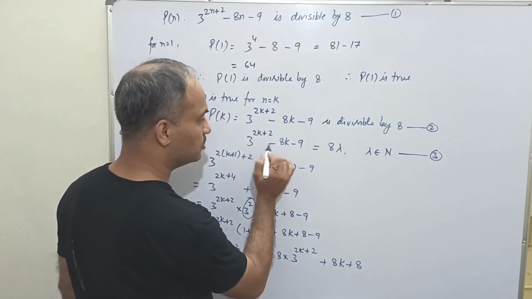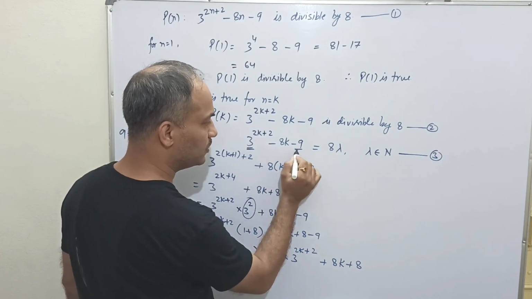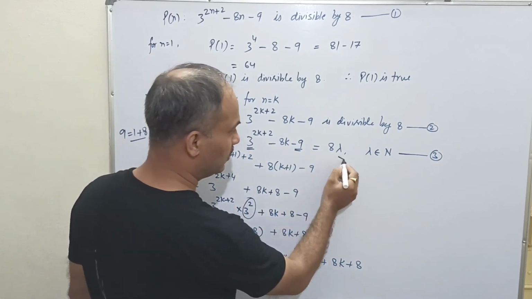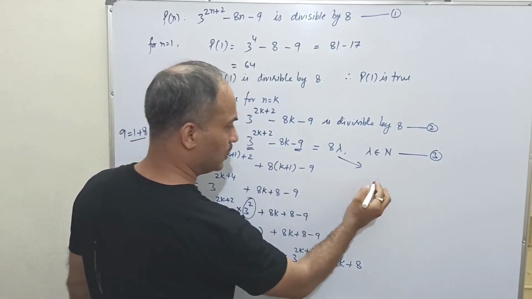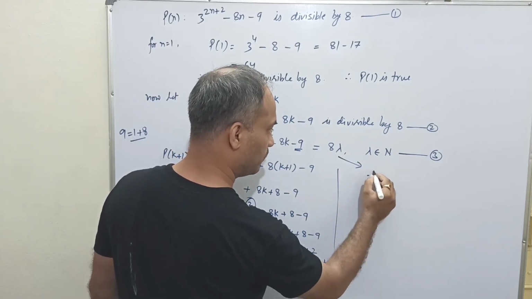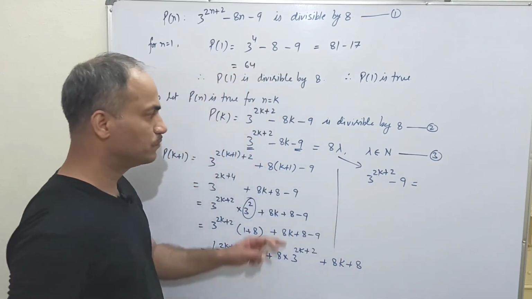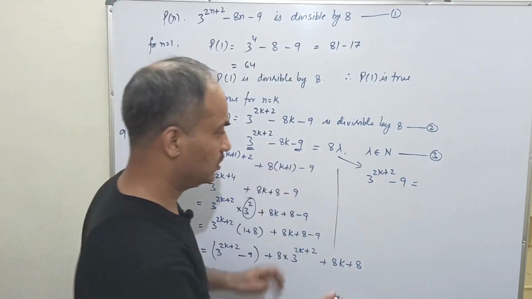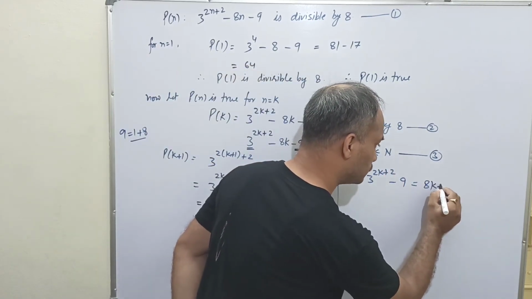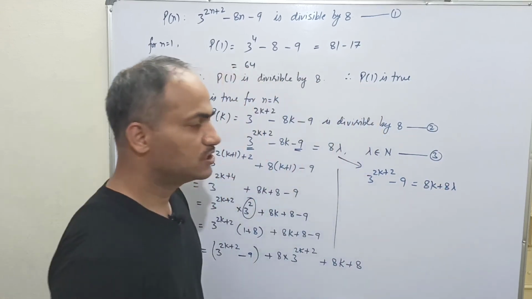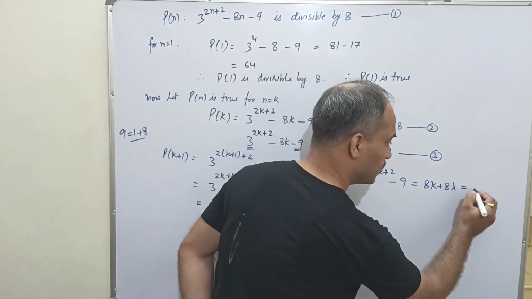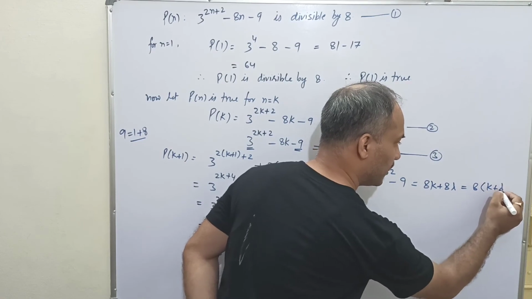Because see equation number 3, we can get the value of these two terms. From here, what is the value of these two terms? Easily you can see 3 to the power 2k plus 2 minus 9 is equal to, this 8k can be shifted over there, so this becomes 8 into k plus lambda.